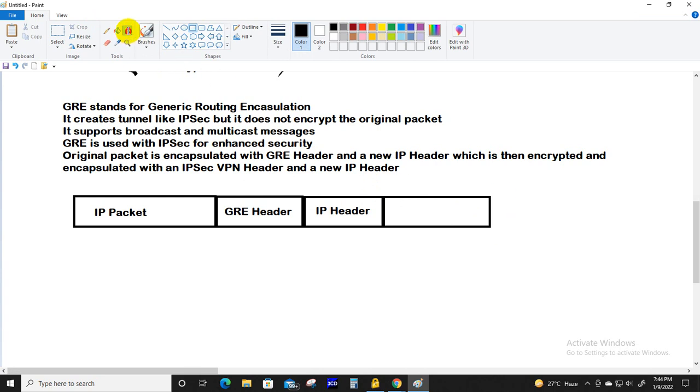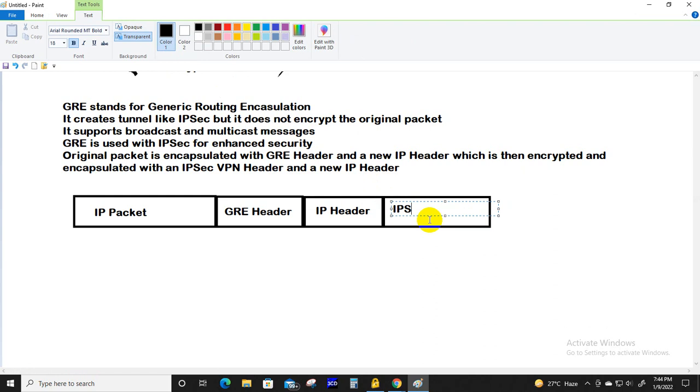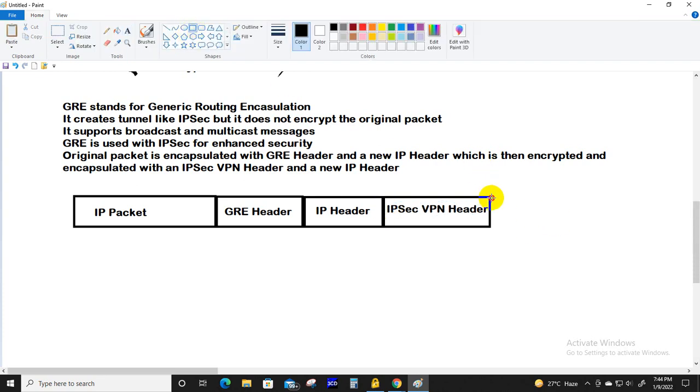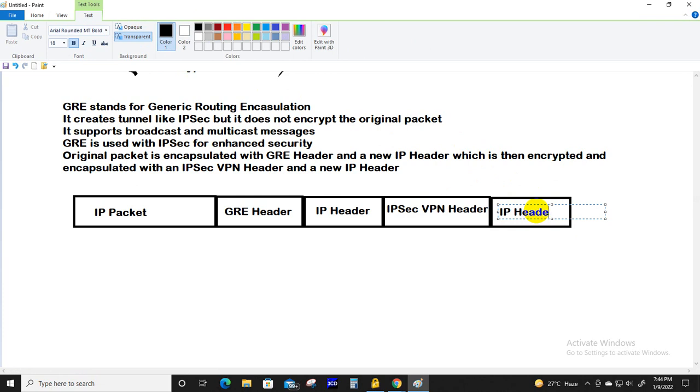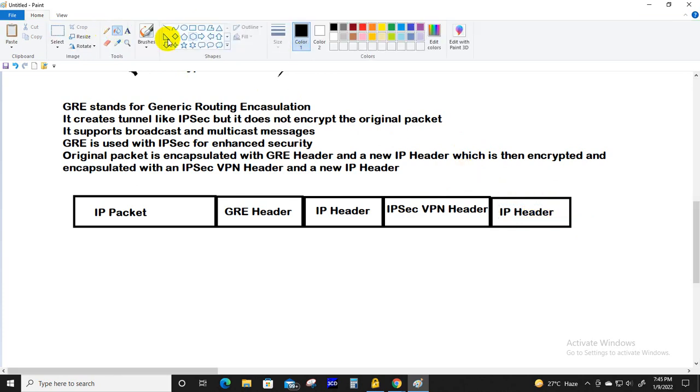This is the IPsec VPN header. This is another IP header. Now this part is encrypted. The red part must be encrypted before being encapsulated with the IPsec VPN header and a new IP header.